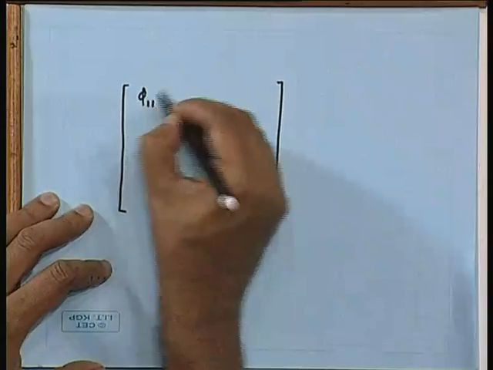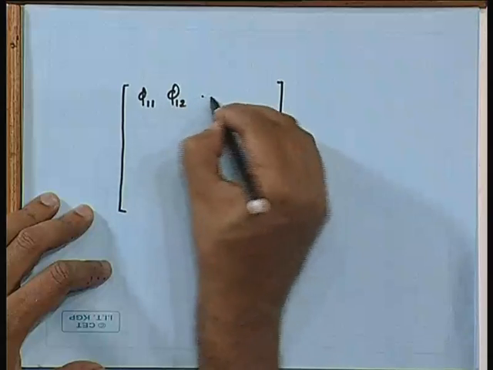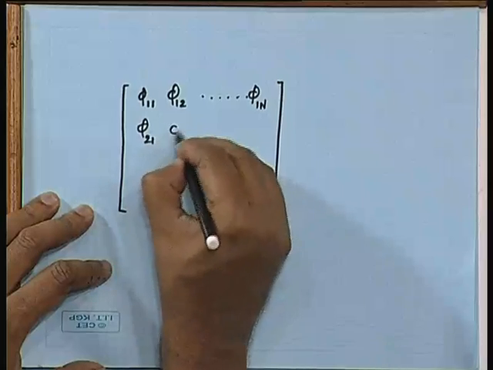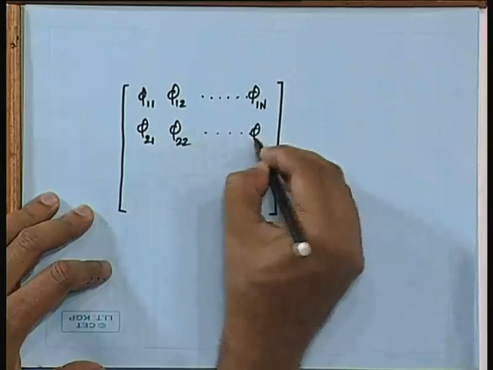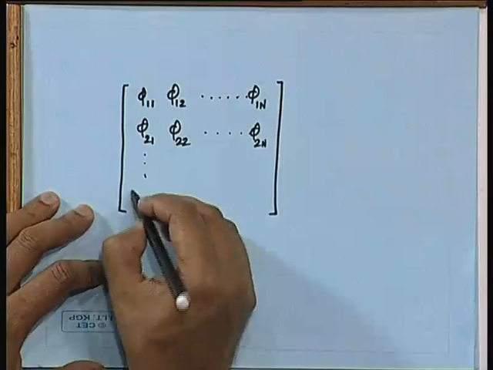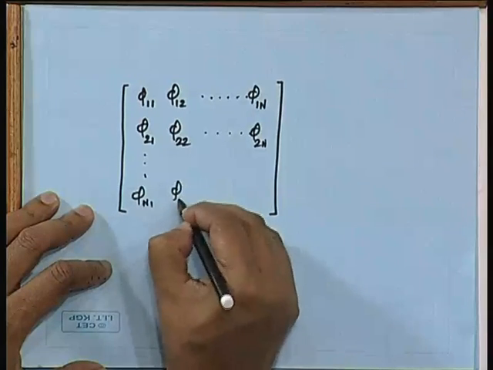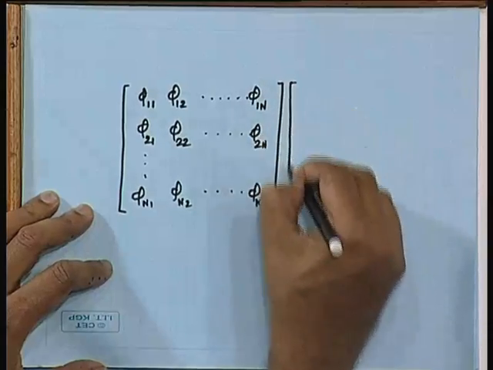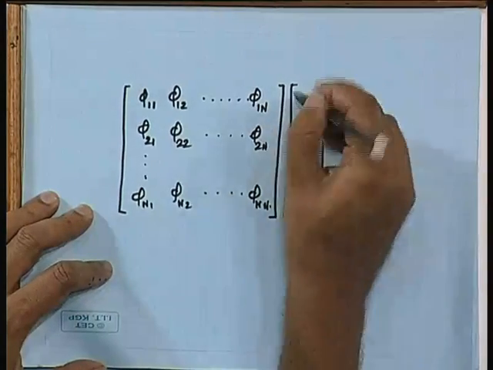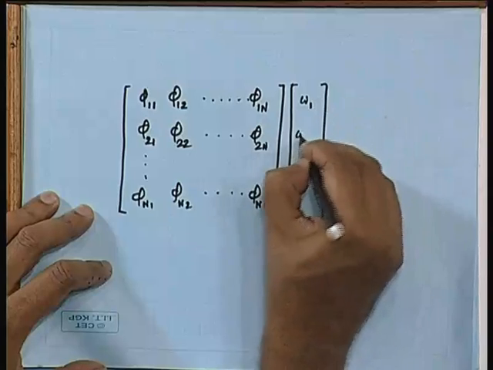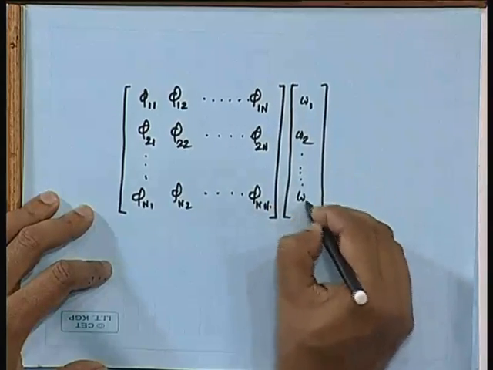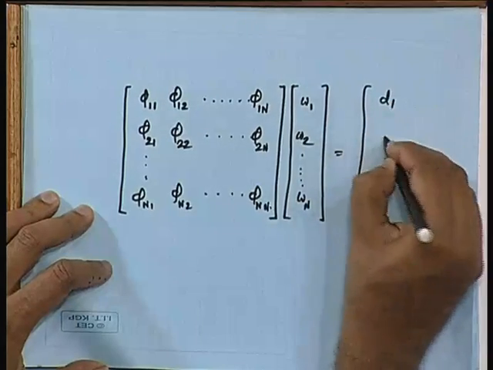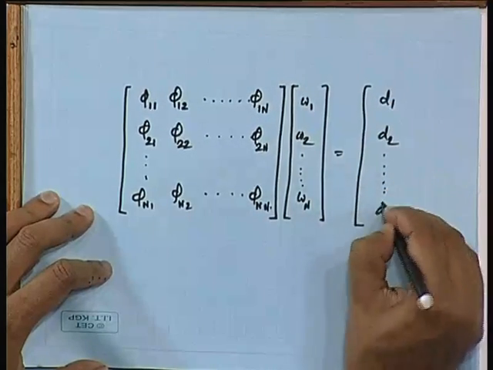Let us write down first phi 11, phi 12 up to phi 1n, then phi 21, phi 22 up to phi 2n, and going all the way up to phi n1, phi n2 up to phi nn. This times W1, W2 up to Wn, and this results in D1, D2 up to Dn.